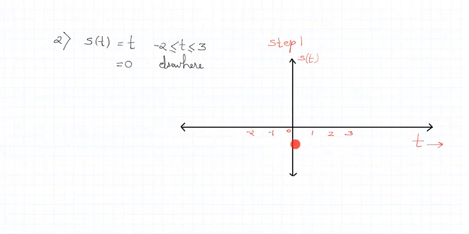The signal exists from -2, -1 to 3. We have not taken any other time instant because everywhere else it is 0. So the signal exists only from -2 to 3. It is 0 outside this range. Right? So this is your step number 1.